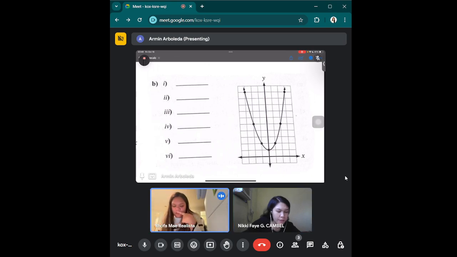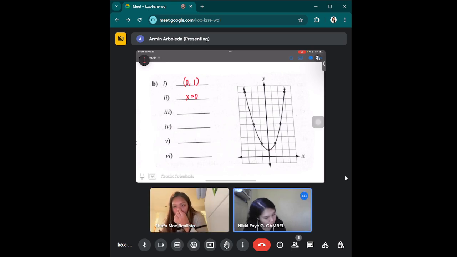For one, it's 0 and then 1. Yeah. How about the 2? It's x equals to 0. And then 3. I think there's no x-intercept.